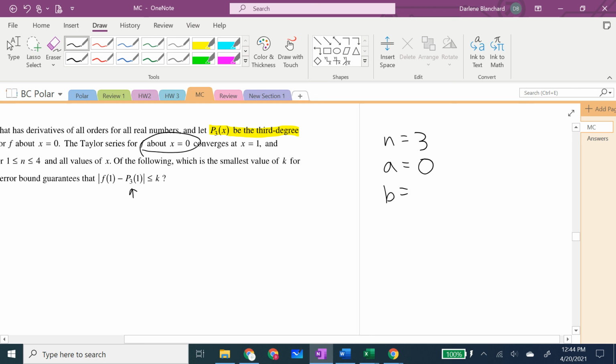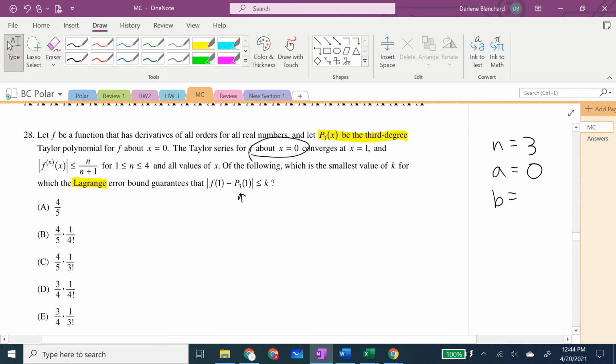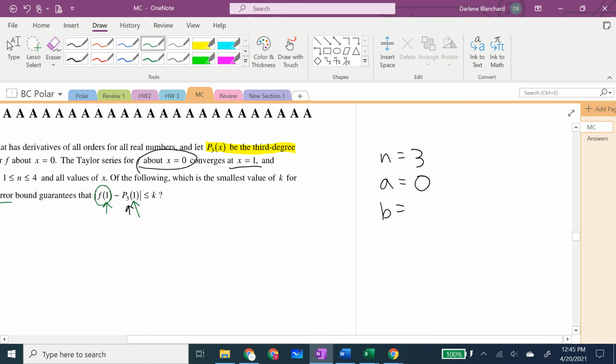The b is the number that I plug into x to approximate at. And it talks about it there, and it also mentions it here. I am approximating the third degree polynomial at x equals 1 to try to be equal to f of 1, but it's not exactly equal. The difference is the error. So my b is equal to 1.